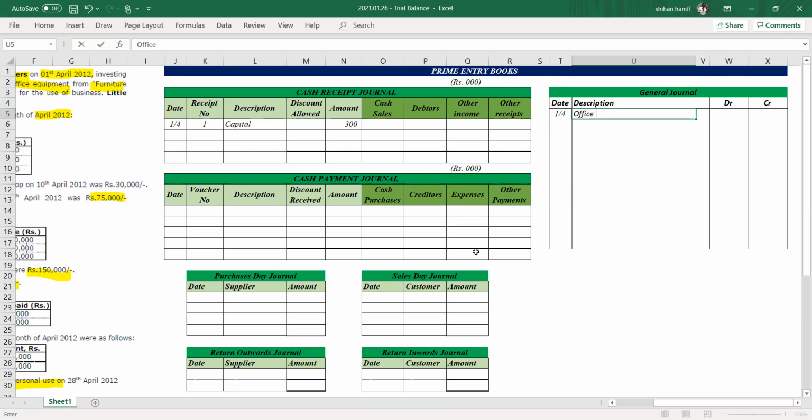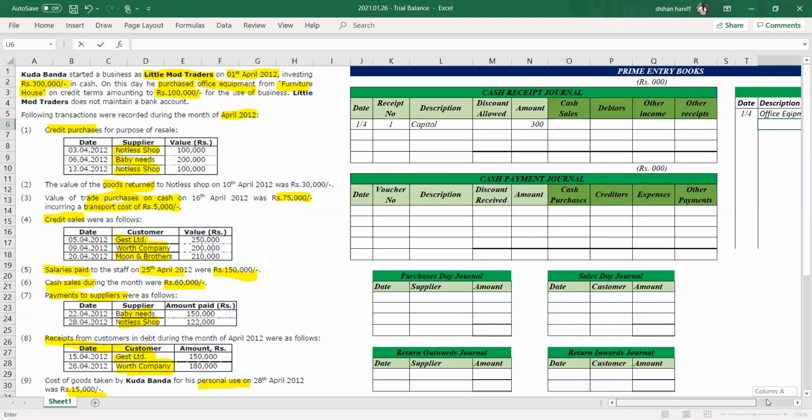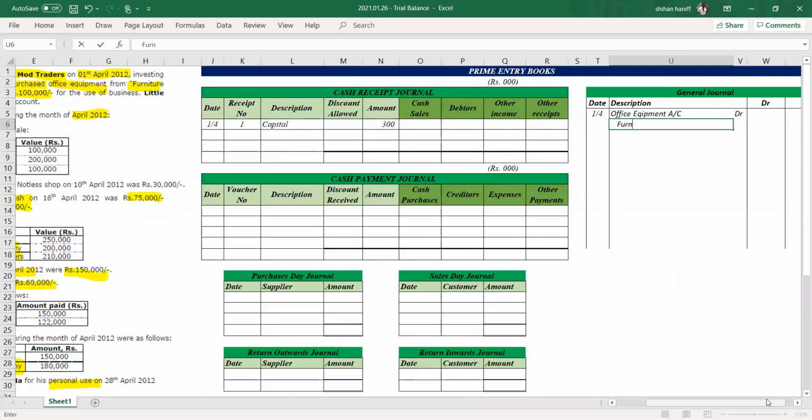The double entry is office equipment debit. Then the furniture supplier, Furniture House, is a creditor.